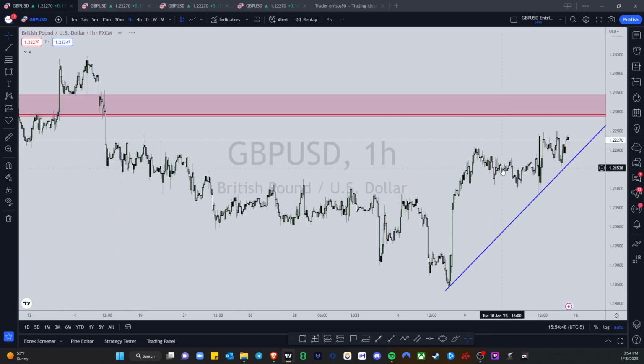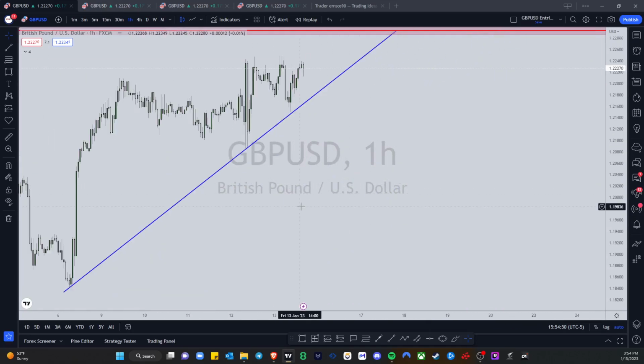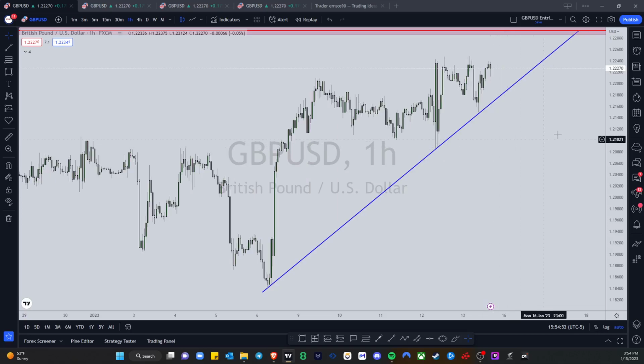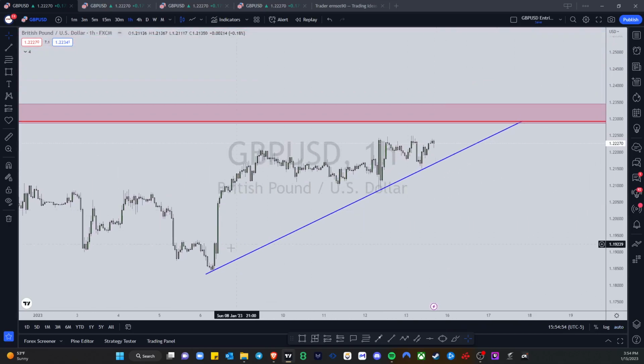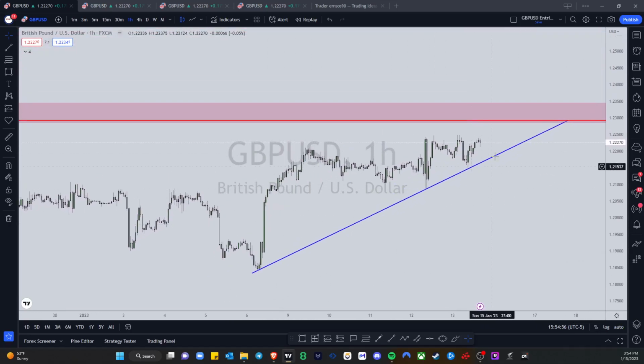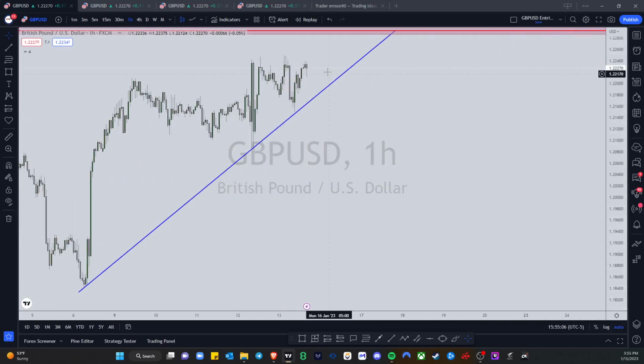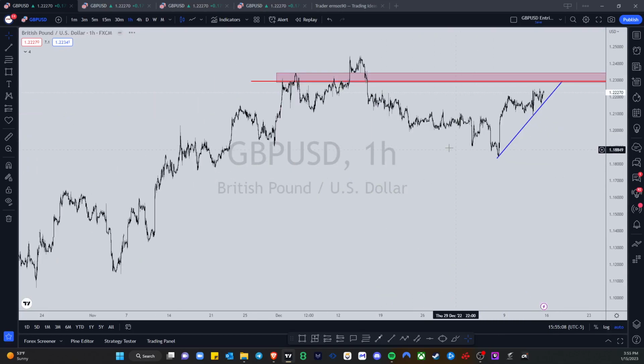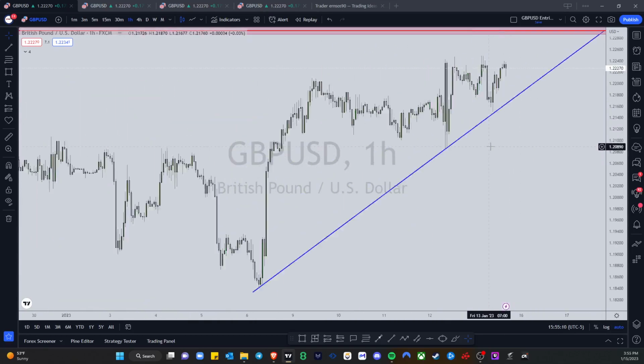All right, so H1 also is bullish. It's a bullish structure, right? It's also waiting for the same thing, like I said, on that red area, which also lines up with my daily area. So it's fairly simple, not much to see on there. I try to keep my H1 a little bit cleaner.